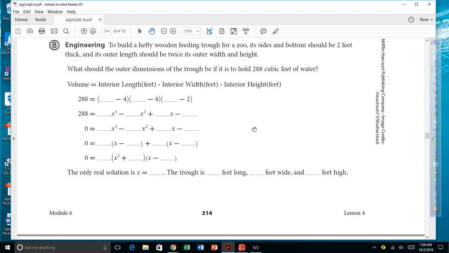What should the outer dimensions of the trough be if it is to hold 288 cubic feet of water?